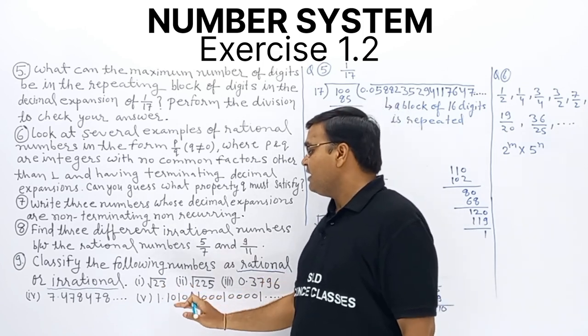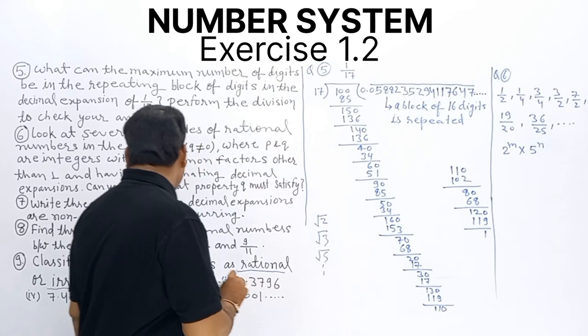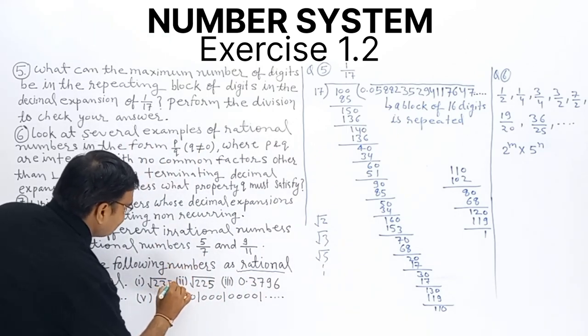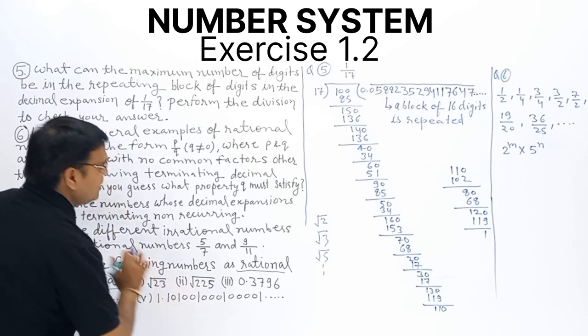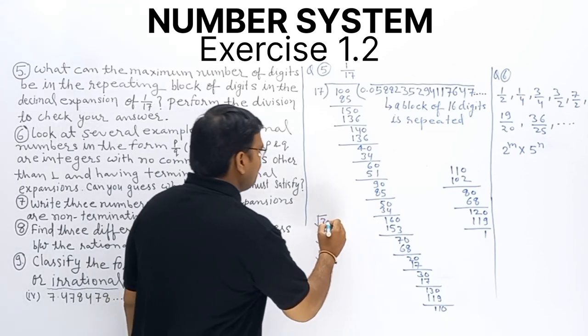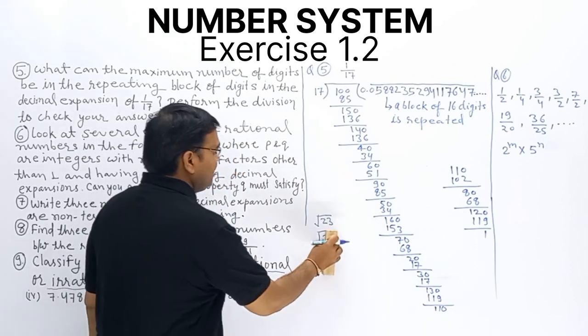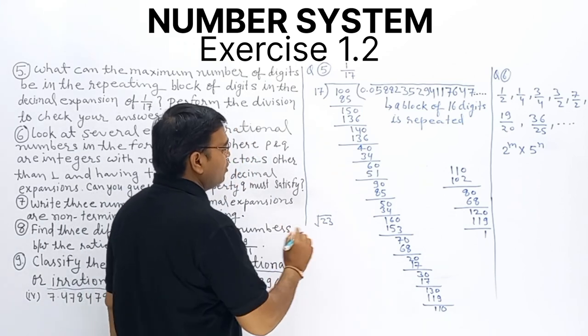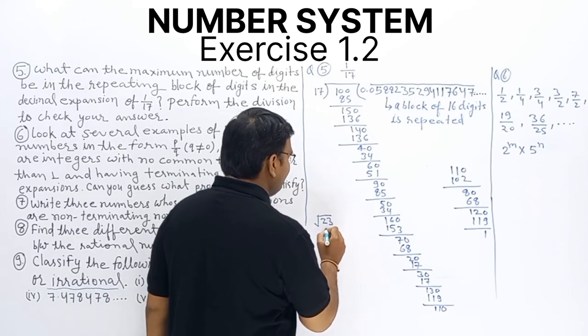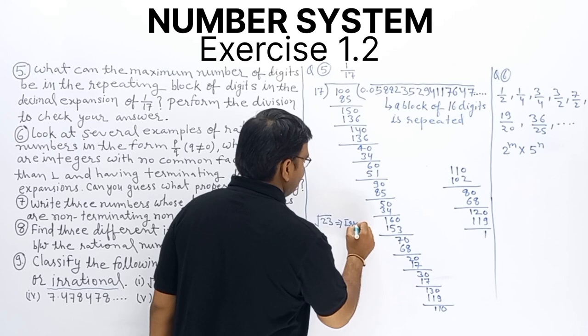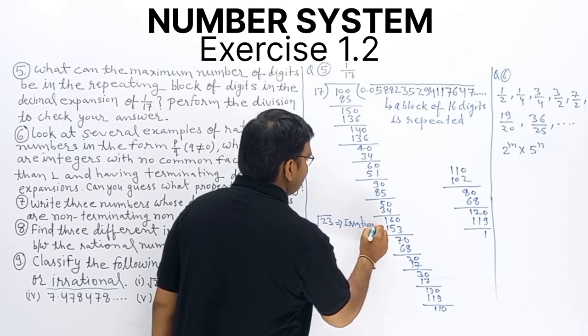So in short I can write there, this is irrational. Root 23 is the square root of 23. 23 is the prime number, so it will be an irrational number. This one is irrational.